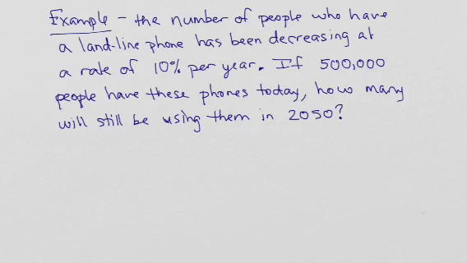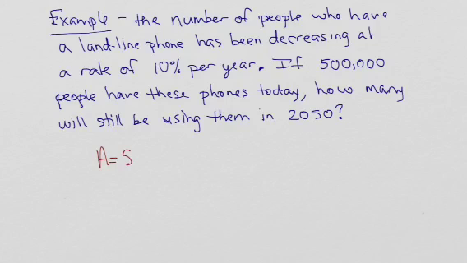Let's try one more. The number of people who have a landline phone, that's a hardline phone in your house, not a cell phone, has been decreasing at a rate of 10% per year. If 500,000 people have these phones today, how many will still be using them in 2050? So let's again set up our equation. A is our ending amount, which is what we're looking for.